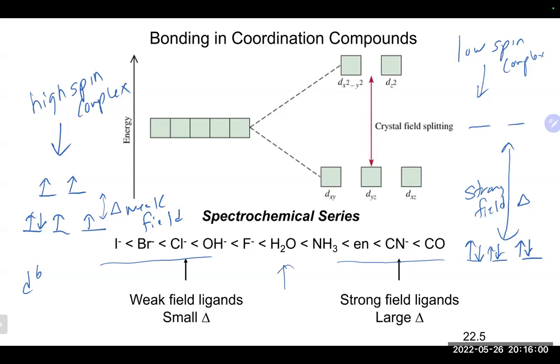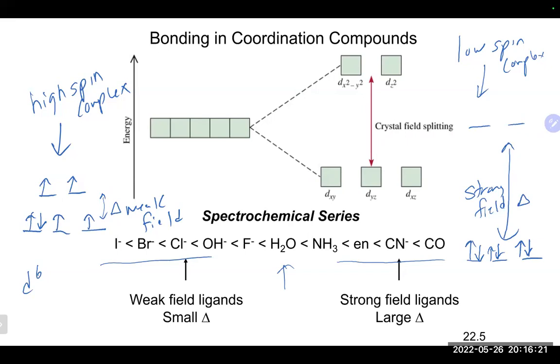So in certain problems, they'll say do it for strong field or weak field, or do it for the high spin complex or the low spin complex. If you do it for low spin, you should have a larger separation and more paired electrons. If you do it for high spin, you should have more unpaired electrons.